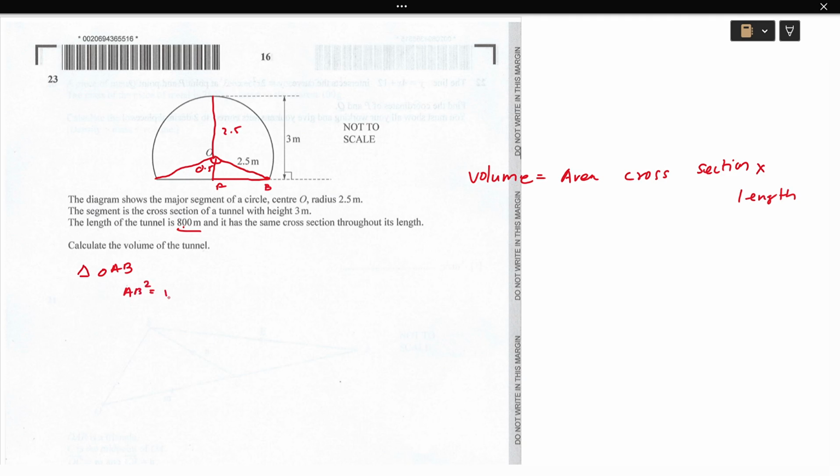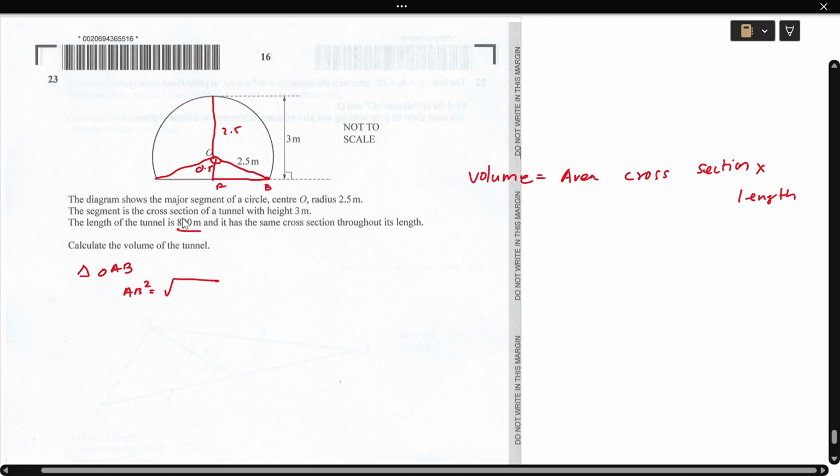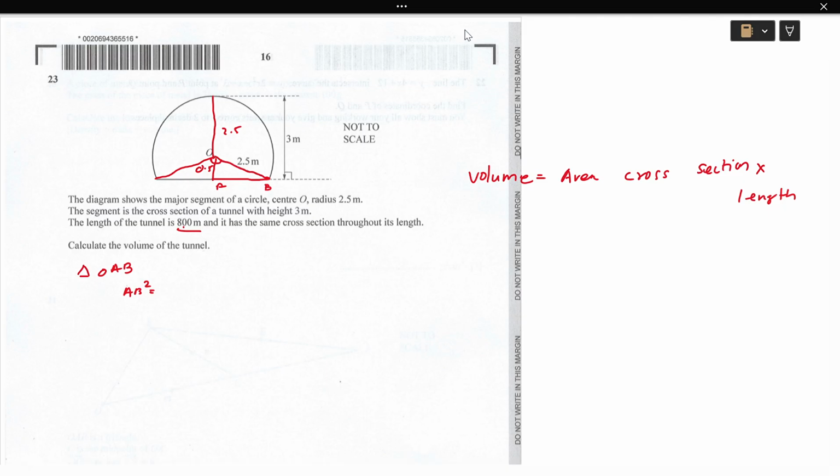AB square equals 2.5 square minus 0.5 square.